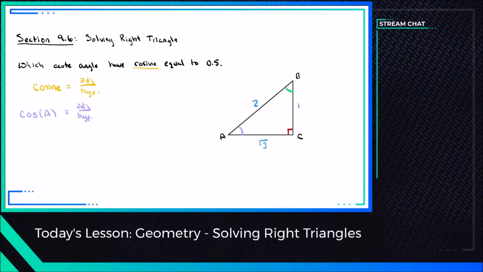And so the leg that is adjacent is going to be this one that's touching right there, or this square root of 3. And then we're going to divide that by the hypotenuse, just a whole 2. And if you were to divide that out on the calculator, you'd approximately get 0.8660.